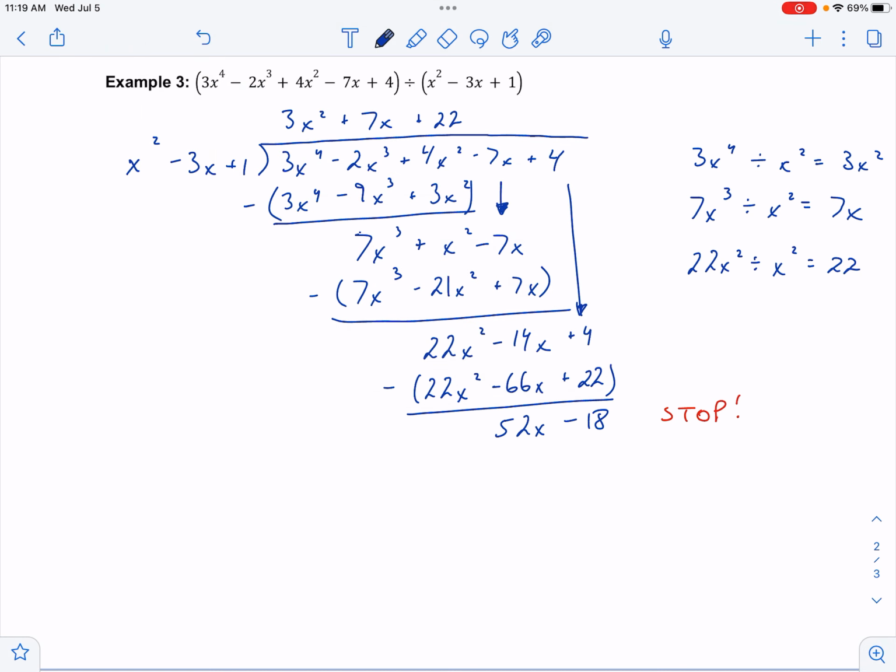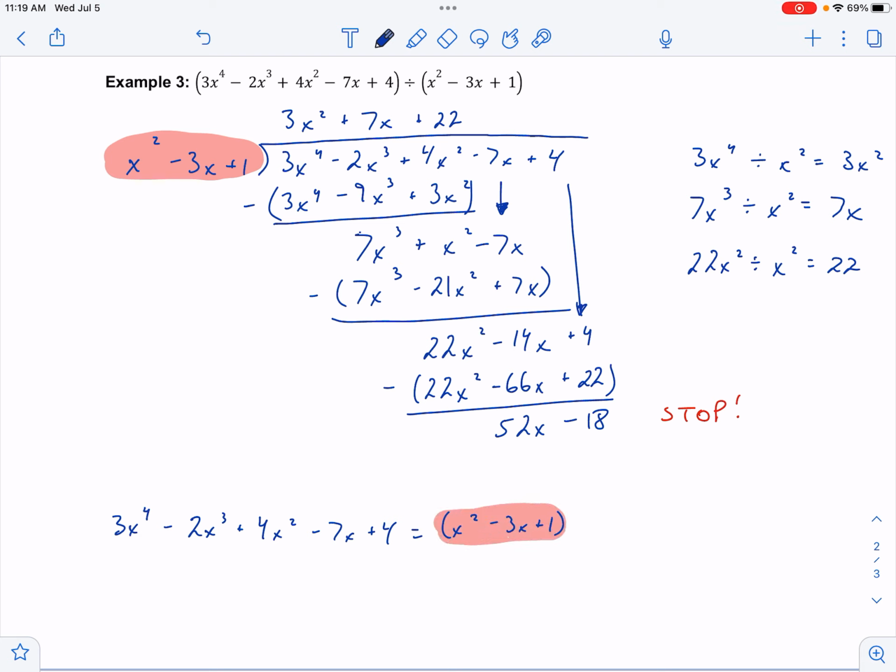I write my initial question. 3x to the 4, take away 2x cubed, plus 4x squared, minus 7x plus 4 is equal to, I start with my divisor, x squared minus 3x plus 1.